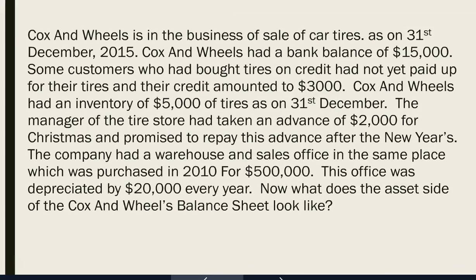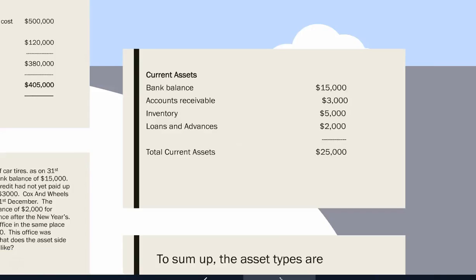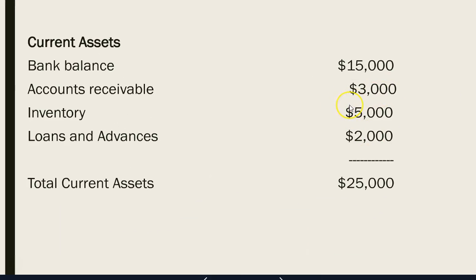Now you can also see that Cox and Wheels had an inventory of $5,000 and the manager had taken an advance of $2,000, which he was going to pay within 1 year. So you have the inventory of 5,000 and loans and advances of 2,000. Add all this, what do you get? Current assets, total current assets of $25,000. 15 plus 3 plus 5 plus 2, which gives you $25,000.